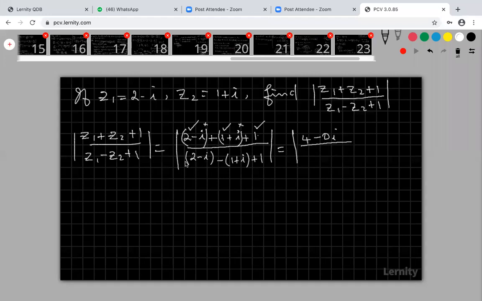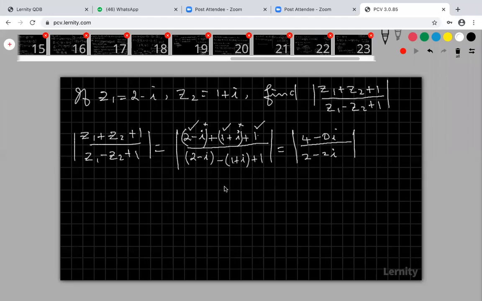Okay. Look at the denominator. This is 2, minus 1, plus 1, so I am getting only 2. And this is minus i, and this is also minus i, since we multiply by the minus sign, so minus i minus i is minus 2i. Are you clear?